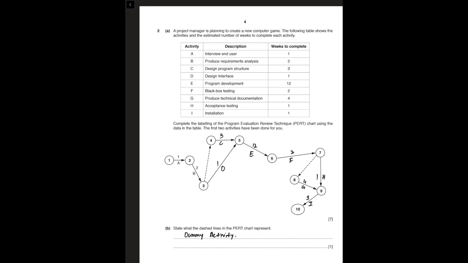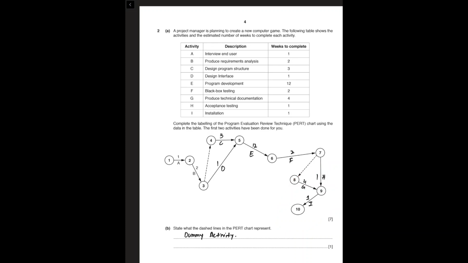This way we go further and fill it out. You can see that activity E is dependent on C and D, and similarly activity I is dependent on G and H.